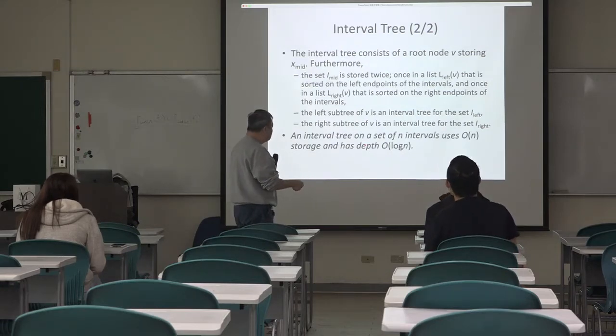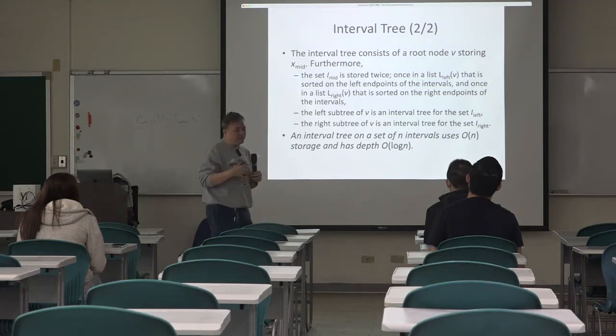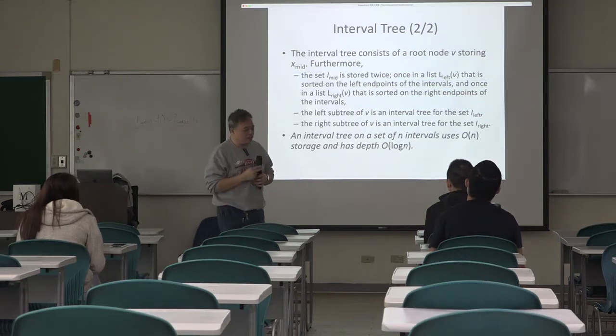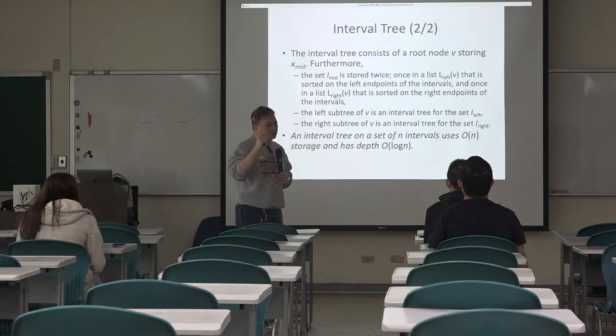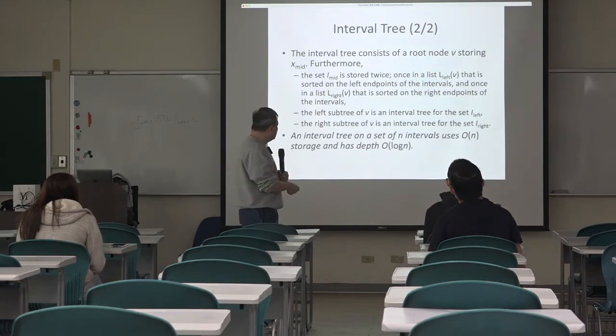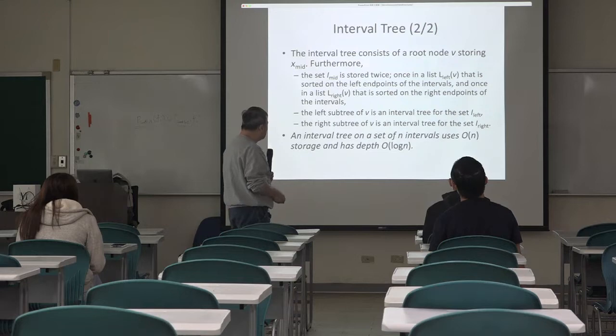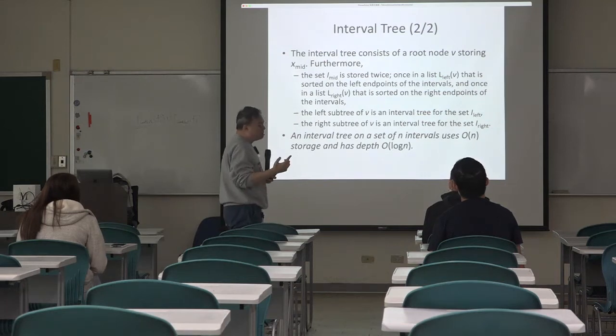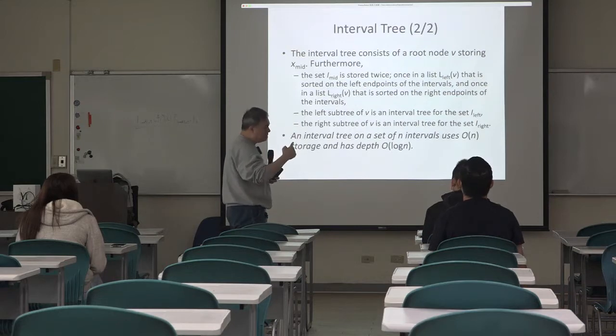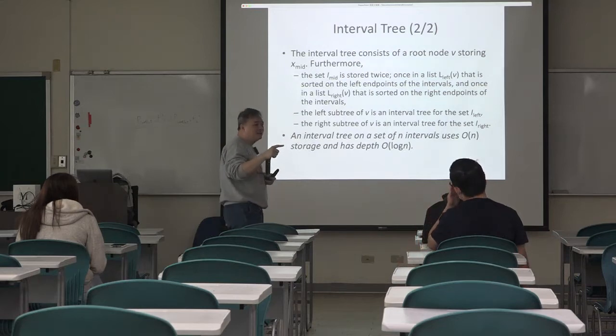But how about the linear storage? Think about this. This argument is just like what we discussed. Each interval must be stored in an internal node, and it will only be stored in one internal node. In that node, it will store the interval in 2 copies, and that's it.